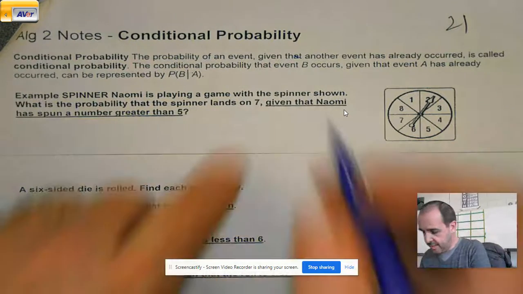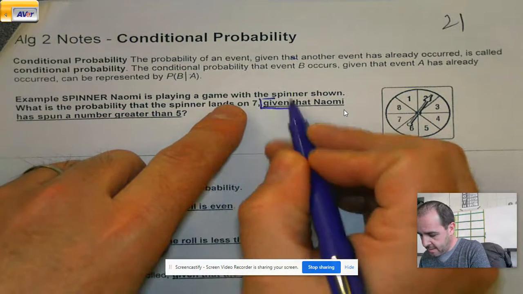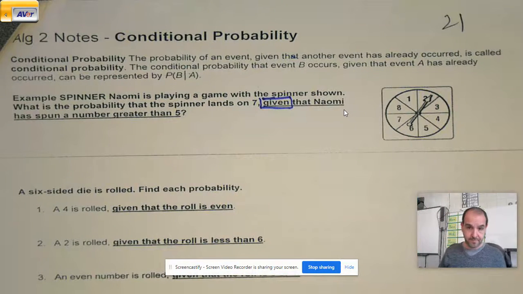Okay, here's what we're going to do. Given is what we're looking at here, okay? What we're trying to do is put A and B together to come up with our numerator, and we're just going to use A as our denominator.